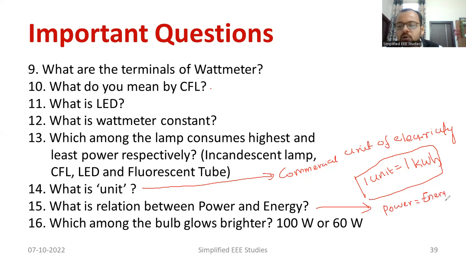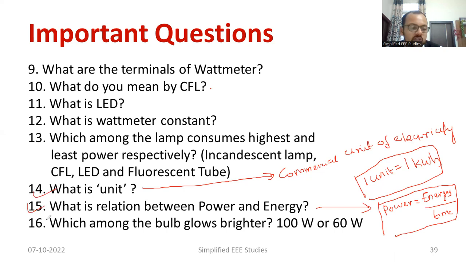Work and energy both are the same only. Power is work by time or energy by time. People are getting confusion. So energy can be written as power into time. This you have to remember. So power is equal to energy by time, or energy is equal to power into time.